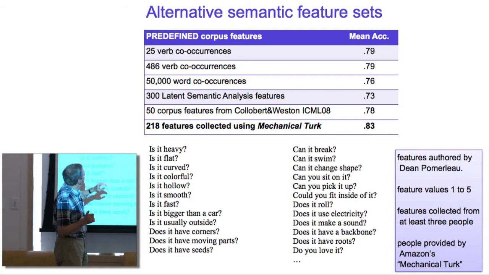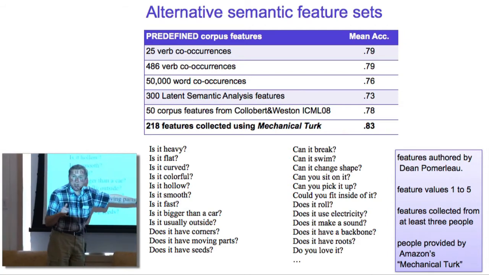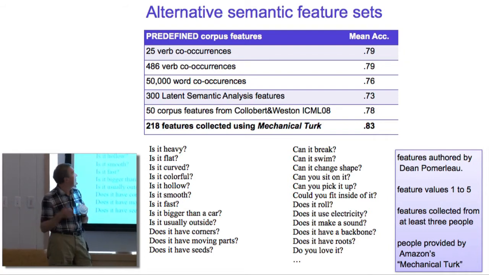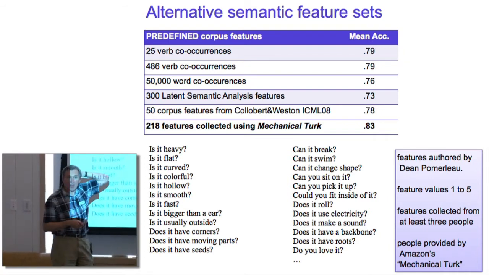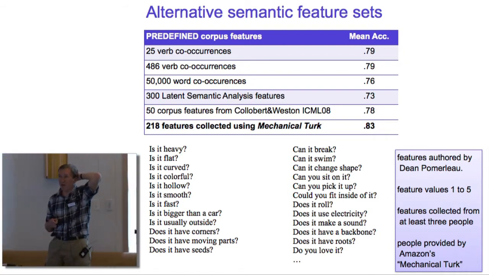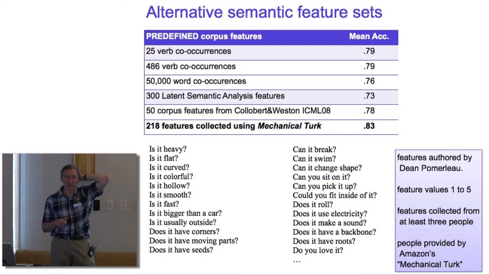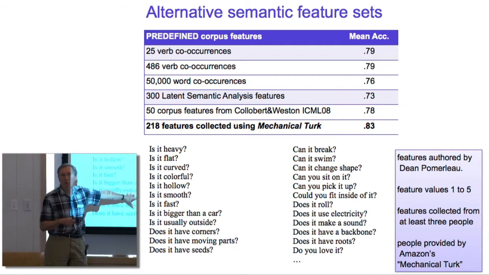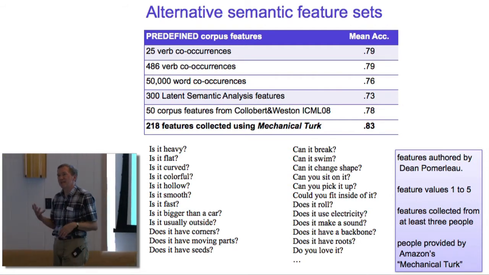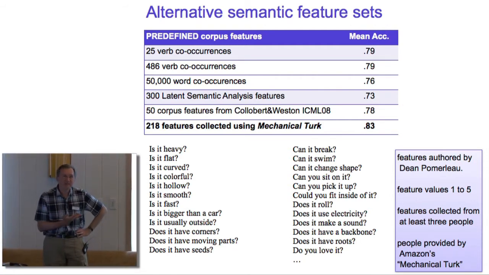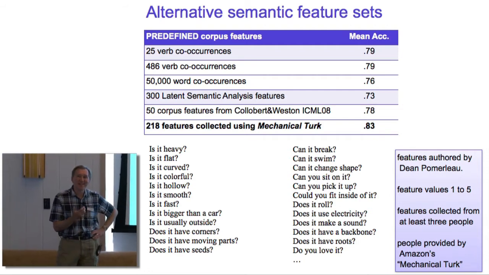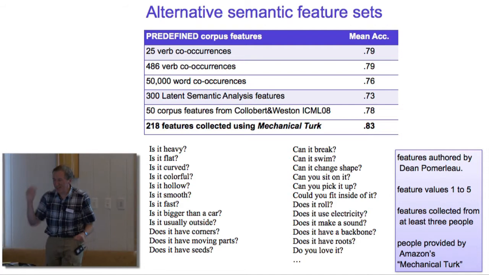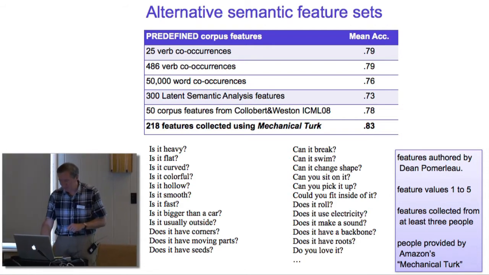And when he used the answers to these questions, obtained behaviorally from Mechanical Turk workers, he finally came up with a model that beat our corpus statistics. So in some sense, this is a better, more accurate basis set of features for mediating between words and their neural representations observable by fMRI.